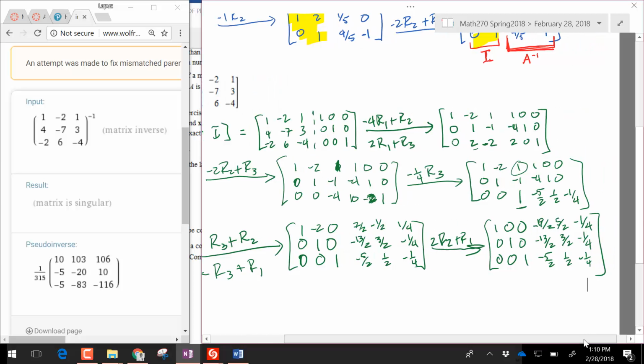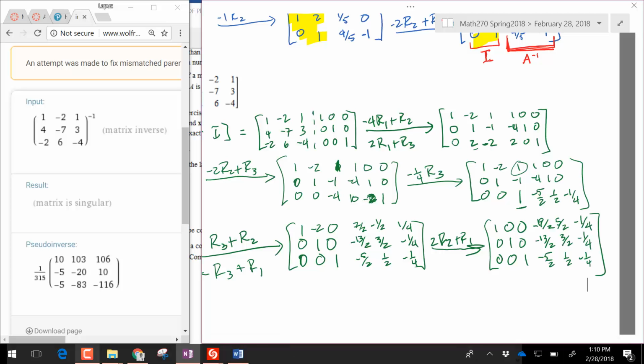All right, find the mistake. I don't know.